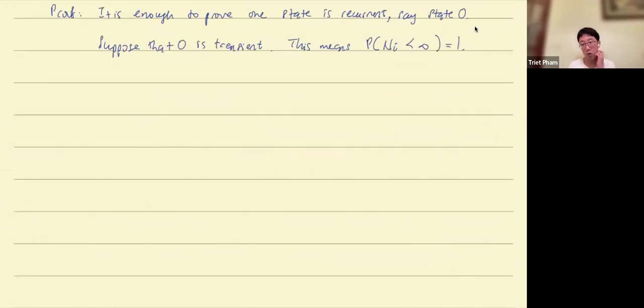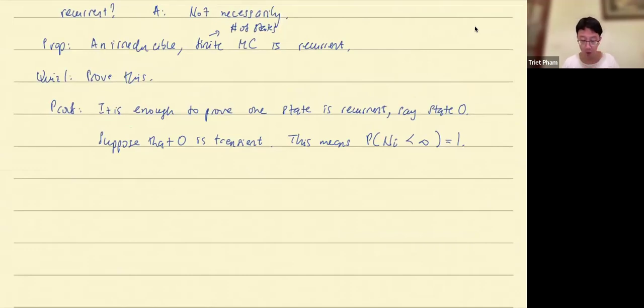And what's wrong with this picture if we have a finite, irreducible Markov chain? I guess finite's enough. Well, maybe we need irreducibility.